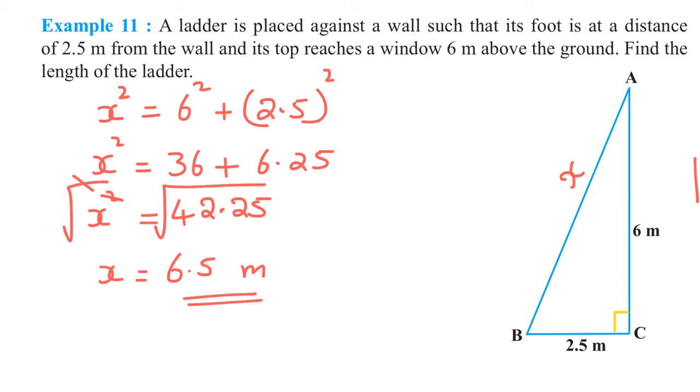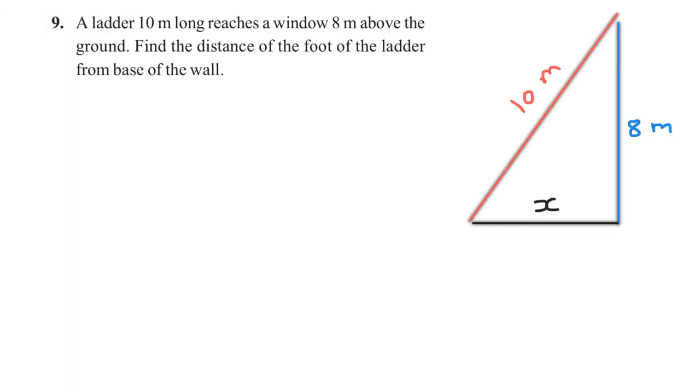That is how you apply Pythagoras theorem to application problems. Let's try this. A ladder 10 meter long reaches a window 8 meter above the ground. Find the distance of the foot of the ladder from the base of the wall. Once again, 8 meters is the height of the window from the ground, and 10 meter is the length of the ladder. We need to find the distance of the base of the ladder from the wall. This angle is 90 degrees, so it's a right angle triangle and we can apply the Pythagoras theorem.